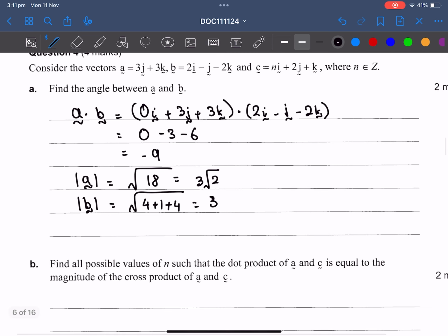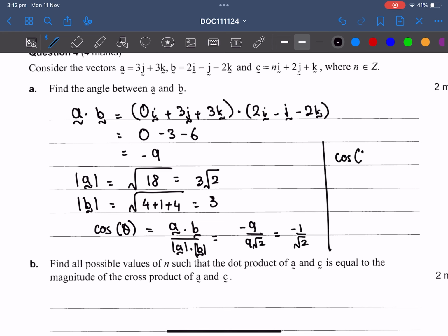Okay, so then our cos theta is equal to minus 9. Let me write the formula down. So that over the magnitude of A and the magnitude of B. So minus 9 over 3 times 3 root 2, so 9 root 2, which is equal to minus 1 on root 2.